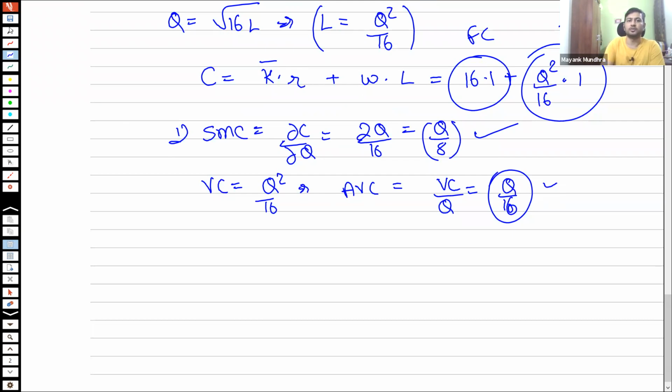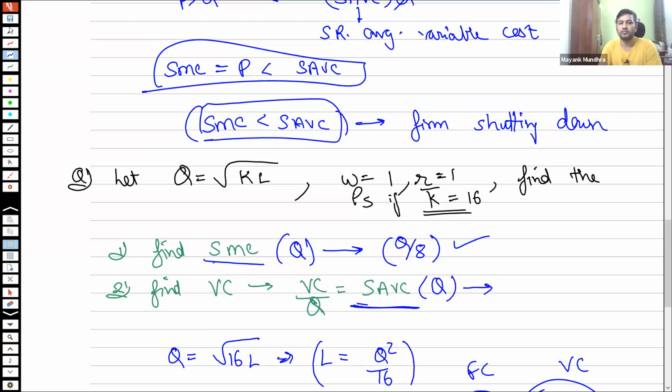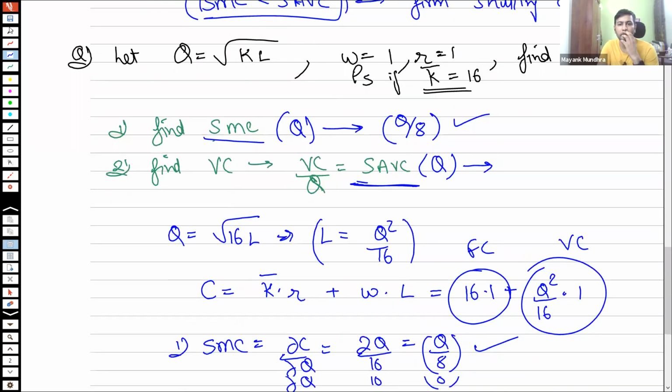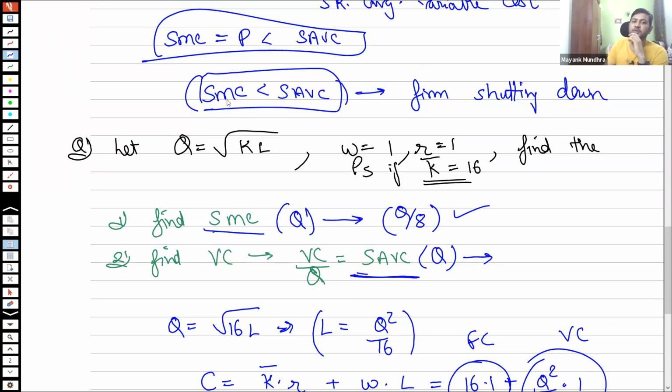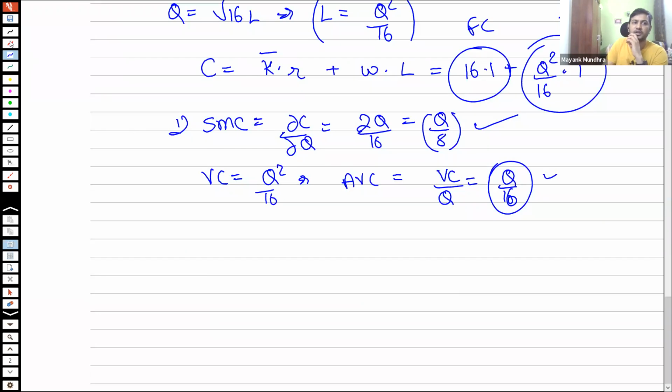Right. So I have to find situations where short-run marginal cost is less than short-run average variable cost. But what you see here is that short-run marginal cost is always greater than or equal to short-run average variable cost, because this thing is Q by 8 and this thing is Q by 16.